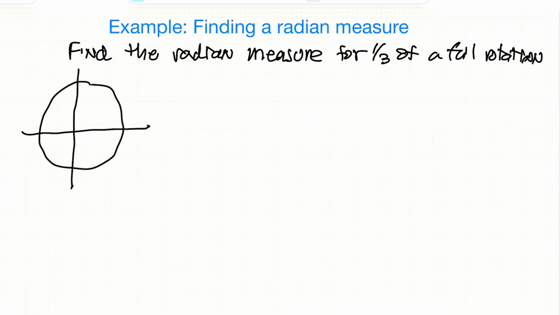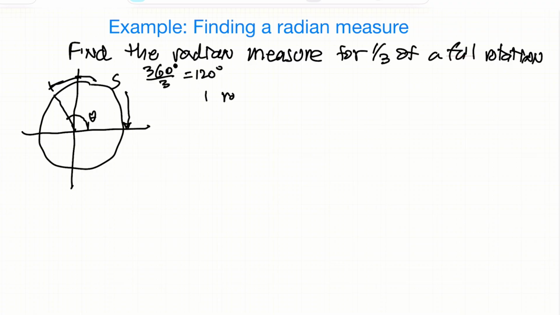Now 1/3, we know we have 360 degrees is equal to a full circle. Divide that by 3, that's 120 degrees. So that's going to be about right there. We draw that angle, that angle theta is 120 degrees. So what we're trying to figure out is the radian measure of this distance right there. What is theta is what we're looking for, basically.